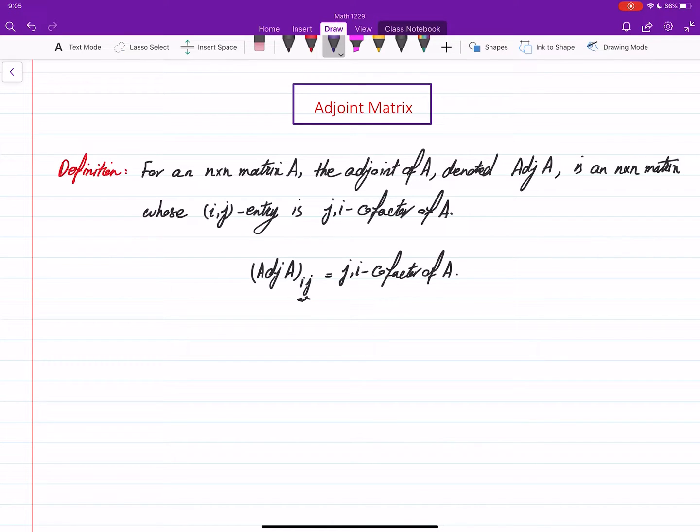Let's see the examples here. Find the adjoint of the given matrices.